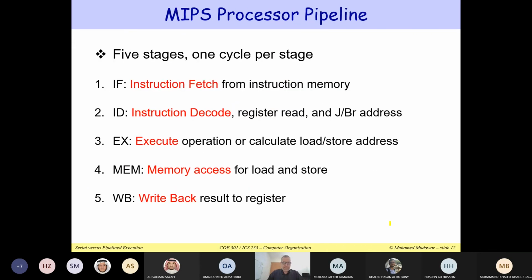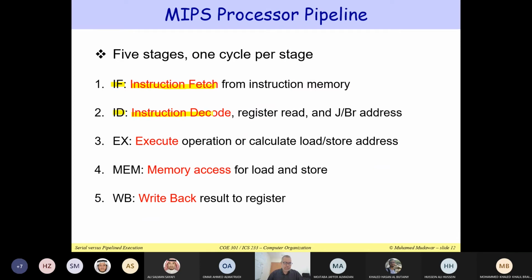Let us take a look at this example. Before I show you this example, in the case of the MIPS processor, we are going to design also a pipeline. And this pipeline will have 5 stages because it's a simple CPU. The first stage will be called the instruction fetch stage, that's IF here. The second stage is called the instruction decode stage.